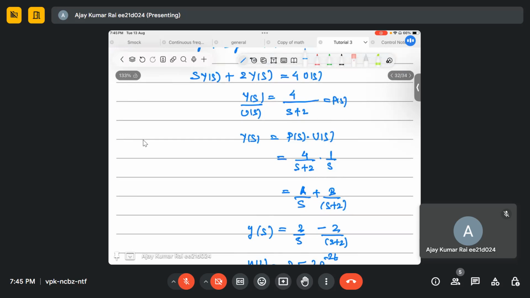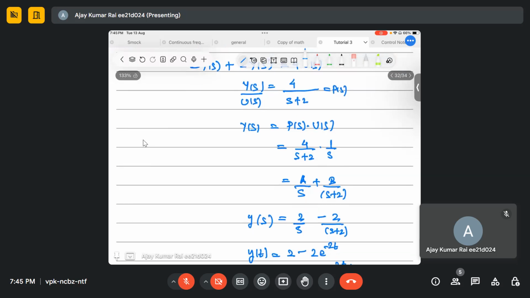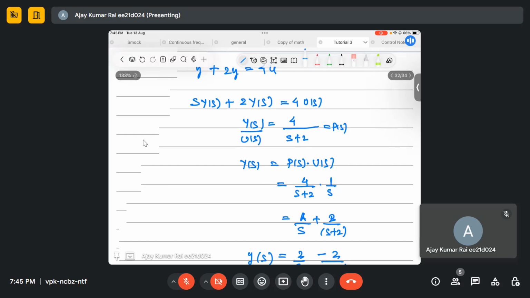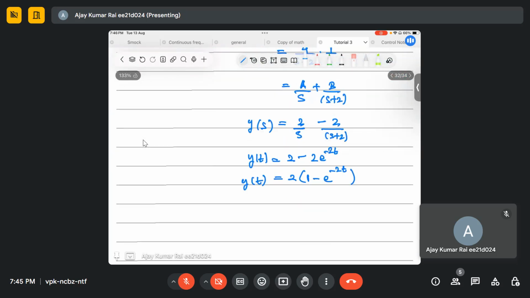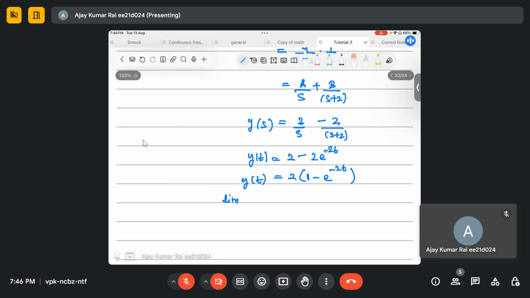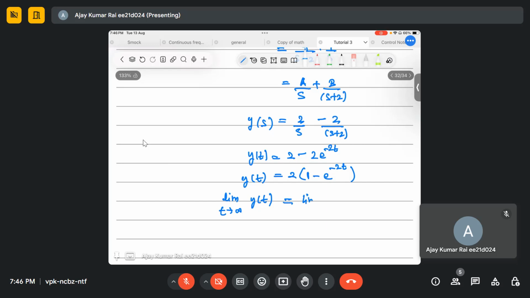I hope everything is correct. So this is the value, and what they are asking is the steady state value of the unit step response. Steady state value, simple, t tending to infinity, you can put. If you see, this will go to 0 and you will be left with 2.